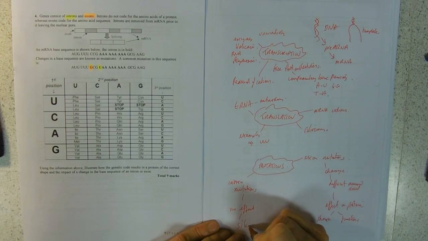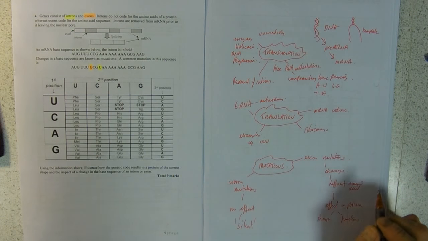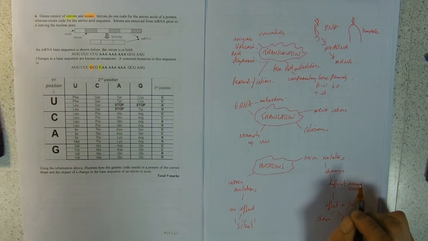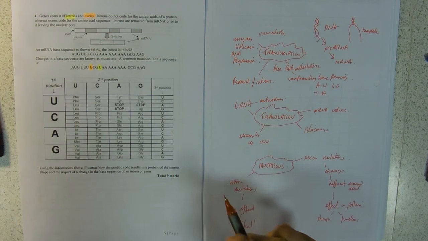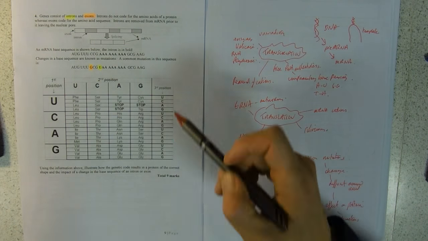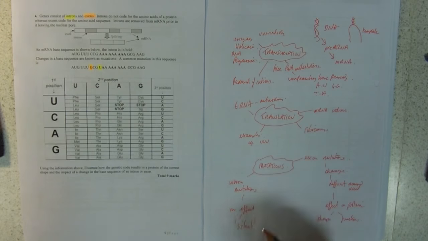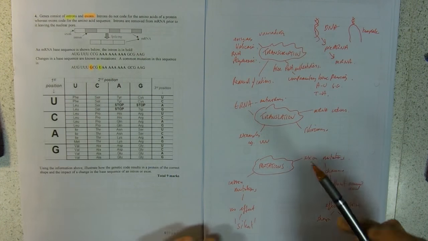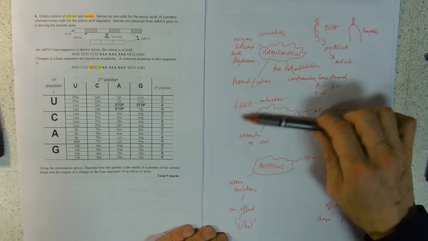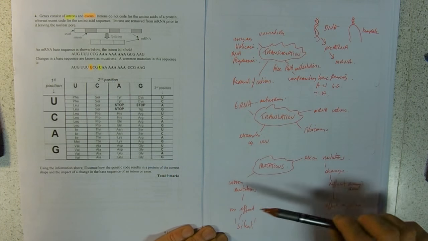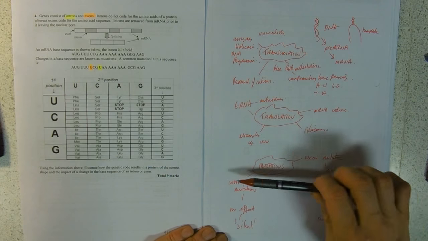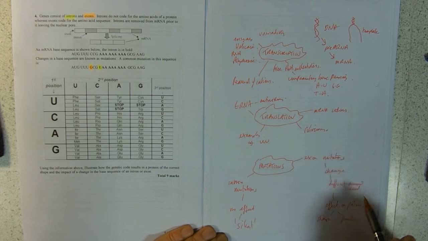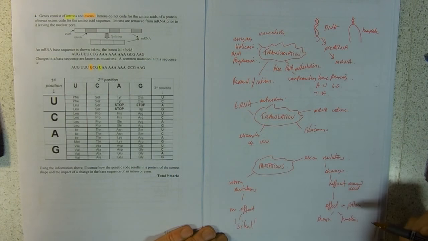It's going to be a silent mutation. So you are realizing that yes, there is a mutation there, but it's not going to make much of a difference. So all of your knowledge of transcription, translation, and eventual shaping of the final protein, and these two mutations, one that will have an effect and you can describe that, and one that won't have much of an effect.